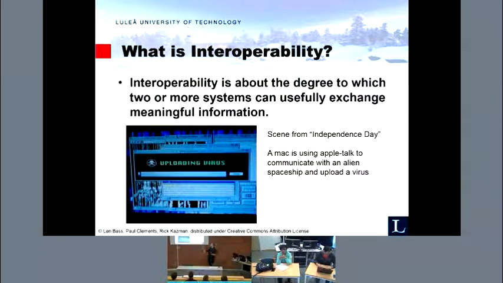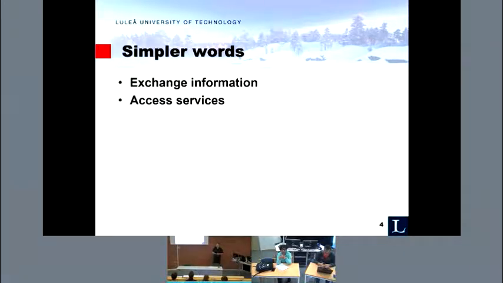So anyways, that's interoperability, being able to communicate with other systems or services or components, right? How they can exchange information, or meaningful information, in a useful way. So basically, in simple terms, exchange information and access services. That also includes finding services.